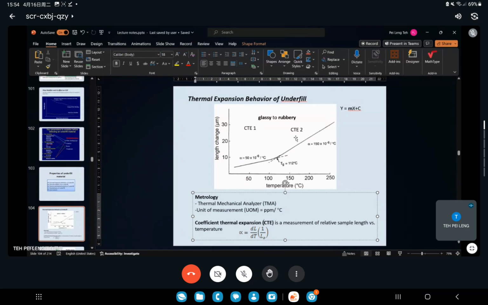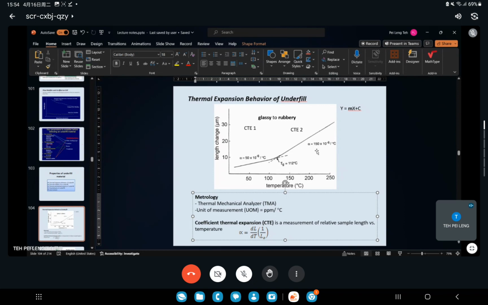For example, this is epoxy underfill. In this one material, one material will have two different CTE values. Normally they label as CTE 1 and CTE 2, or they put the symbol alpha 1 and alpha 2.